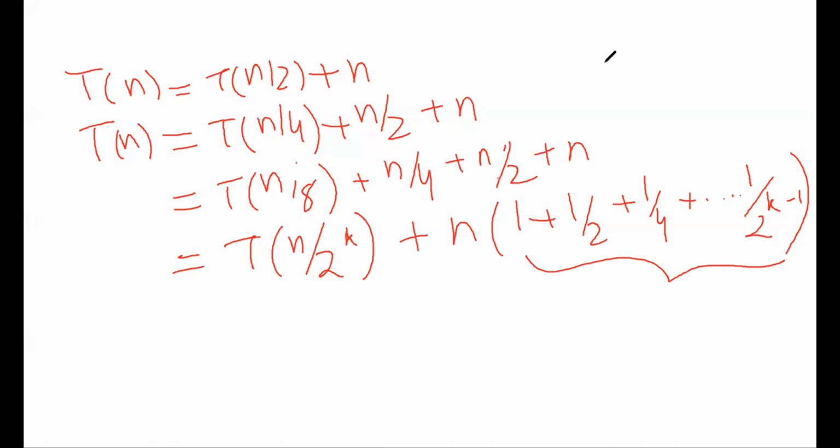This is 2 to the power 1 and this is 2 to the power 0. So there are k terms. So 0 to k minus 1, there are k terms here.